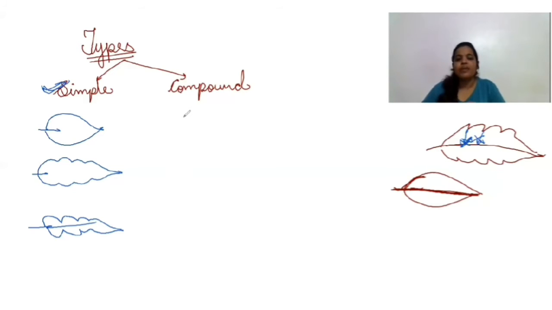Okay, now coming to the compound leaves. If simple leaves were not having the part reaching to the midrib, now in compound leaves, what will happen? The leaf boundaries will reach to the midrib. Just imagine that this part of the leaf, the third part I'm drawing here, touches the midrib like this.